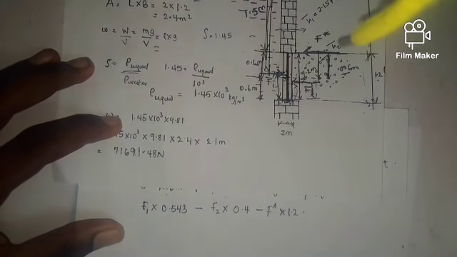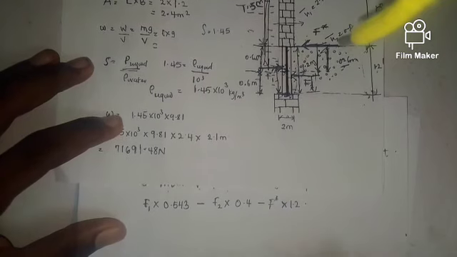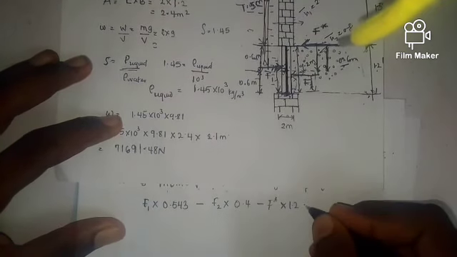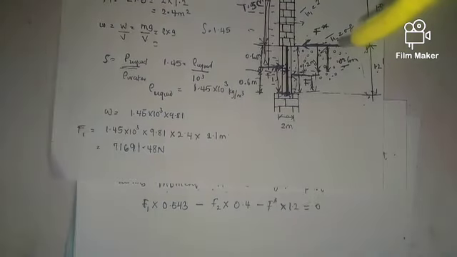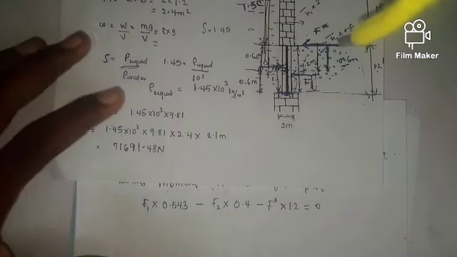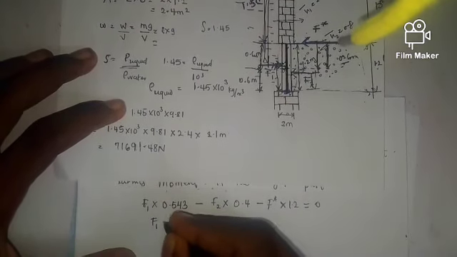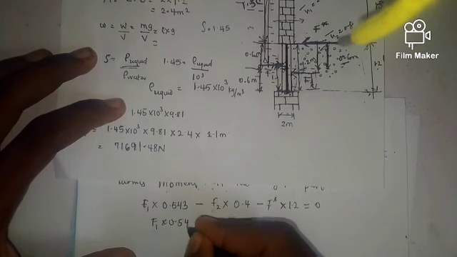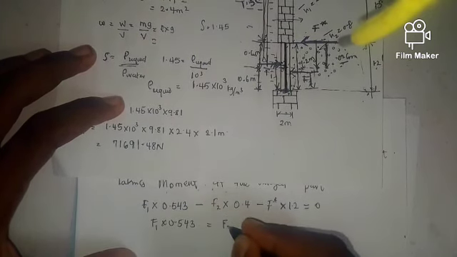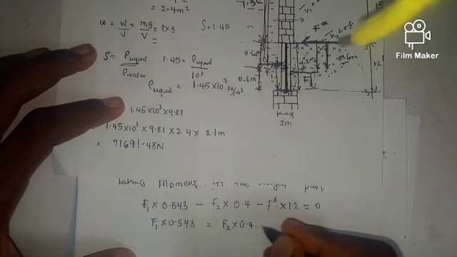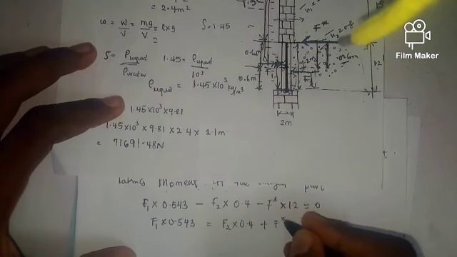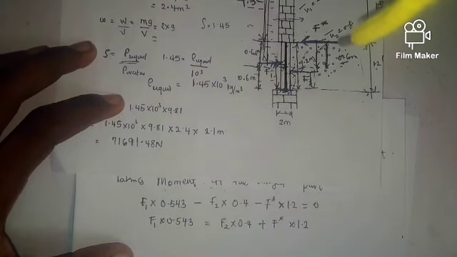Now, for balance or equilibrium, it will be equal to 0, right? Then taking this one to the other side, I have F1 times 0.543 equals F2 times 0.4 plus F star times 1.2.